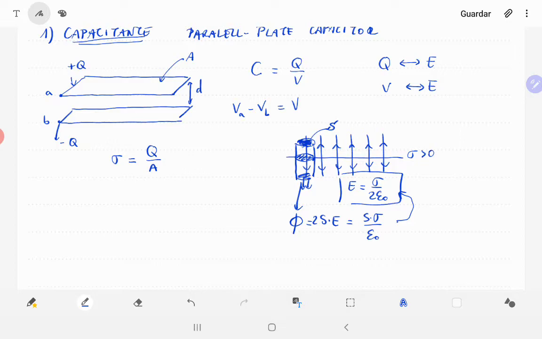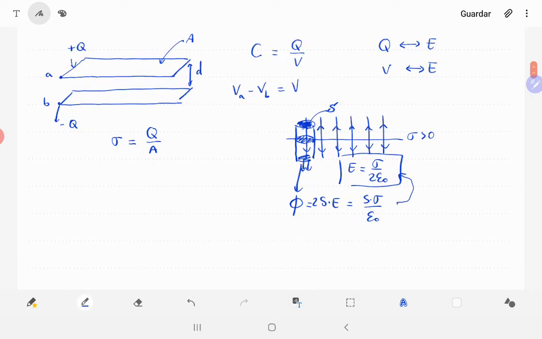Okay, so now we don't have only one plane, but we have 2 planes, one positively charged and the other negatively charged. So the electric field between them is going to be double here, because from the positively charged plate you will have a field of sigma divided by 2 epsilon sub 0, and from the negative one you're going to have another one of sigma divided by 2 epsilon sub 0.